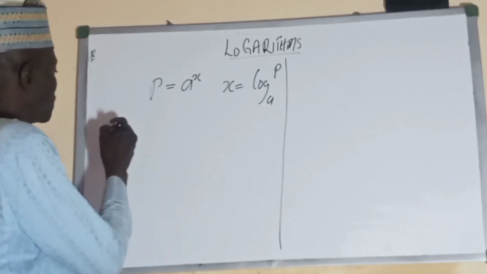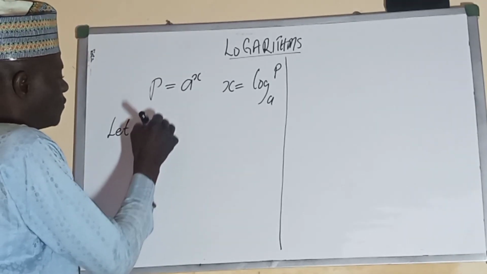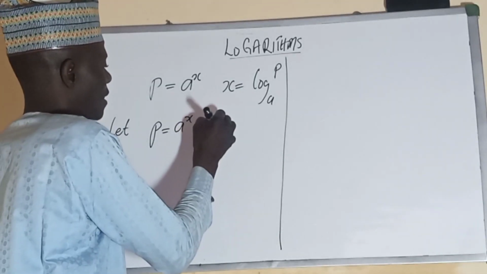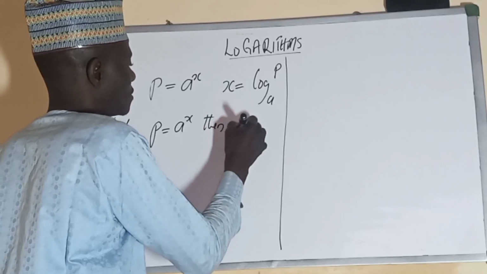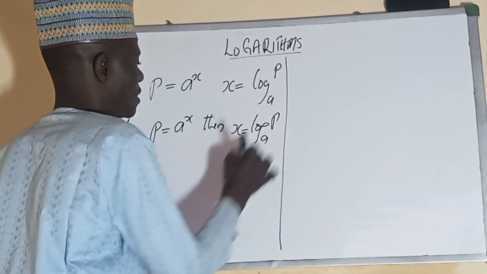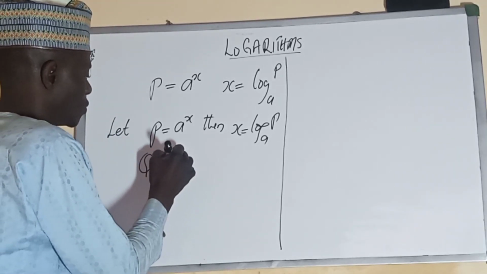For instance, now let p be equal to a raised to the power of x. Then we have x is equal to the logarithm of p to base a.